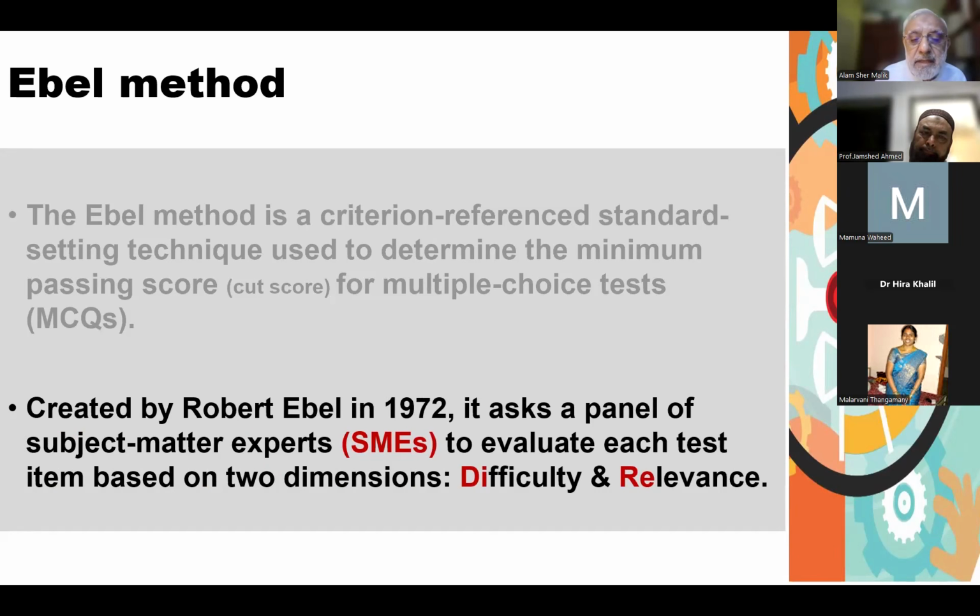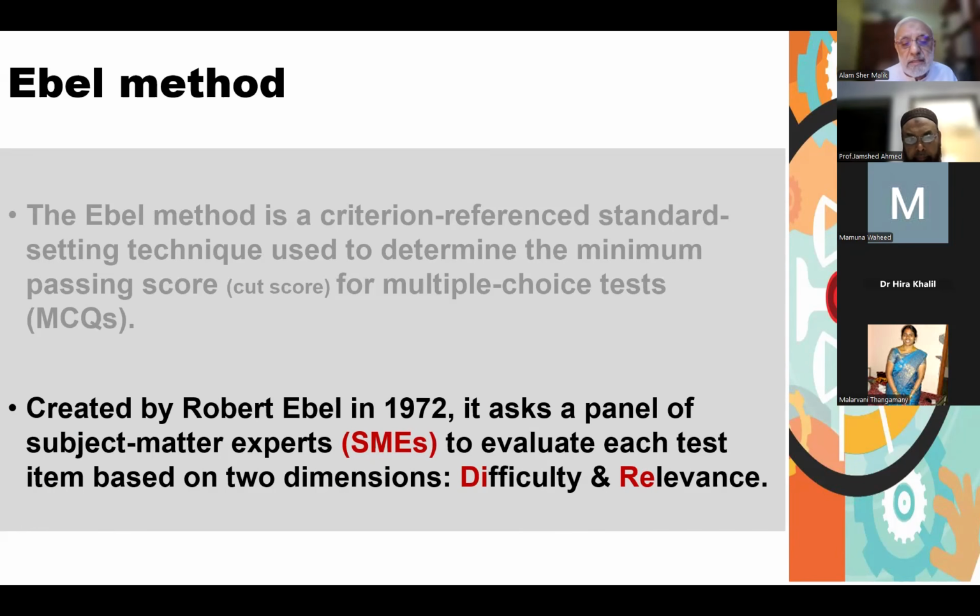It was created in 1972, and what it requires is a panel of subject matter experts. We will be using this term repeatedly, SMEs, subject matter experts, to evaluate each test item based on two dimensions, difficulty and relevance.